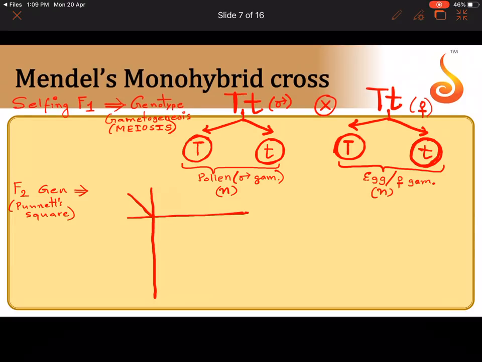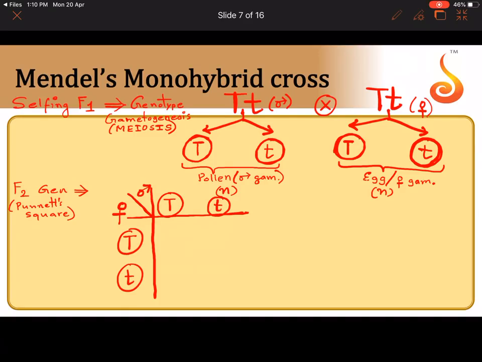In the side facing the row, I am going to put a male symbol. The side facing the column, I am going to put a female symbol. That means I am going to take the pollen in the first row and egg in the second row. Now I am going to draw boxes in between. What are the boxes representing? Yes, seeds. Seeds of which generation? F2 generation.